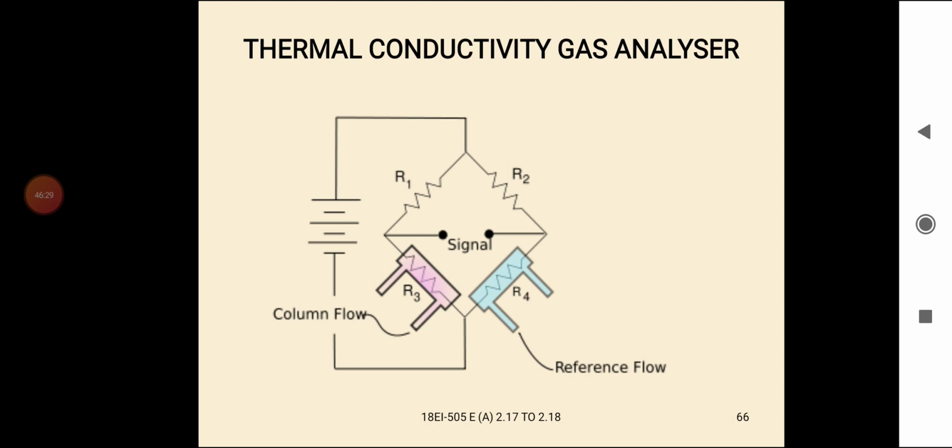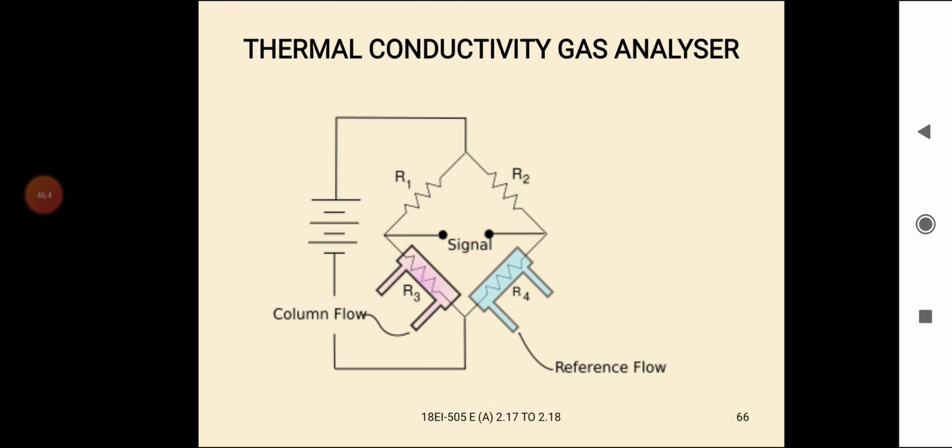It is placed in one arm of the Wheatstone bridge circuit, so it is arranged in the four arms of the bridge: R1, R2, and R3 is the sample flow, another is the reference flow, R4.